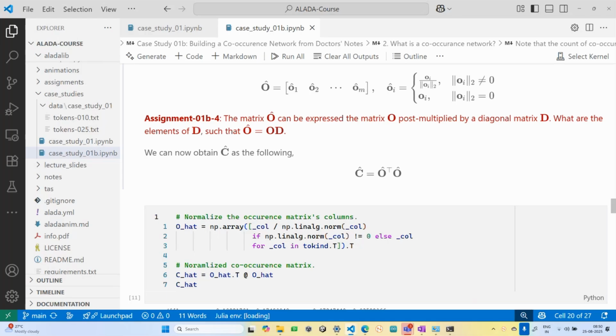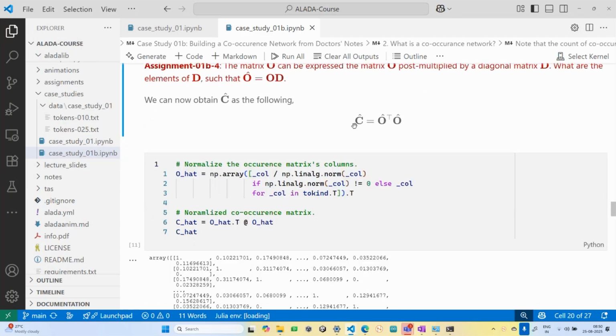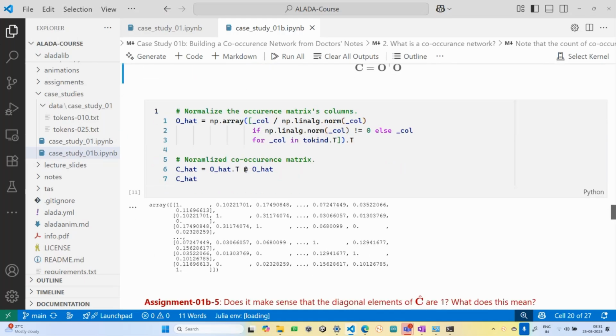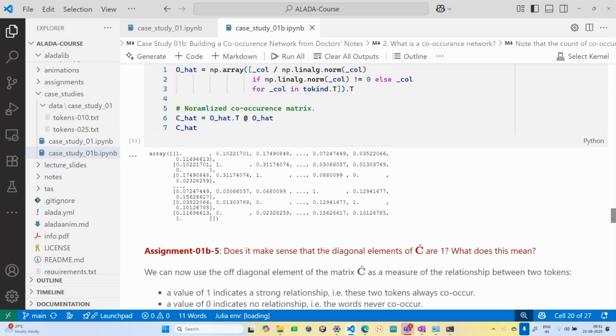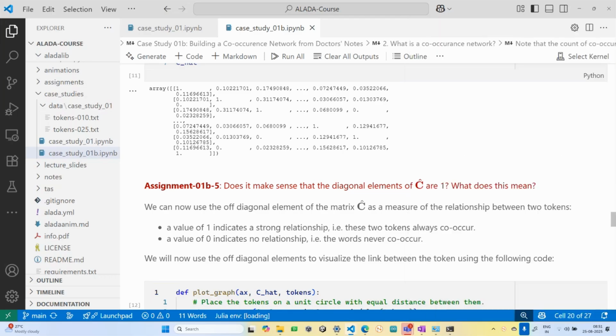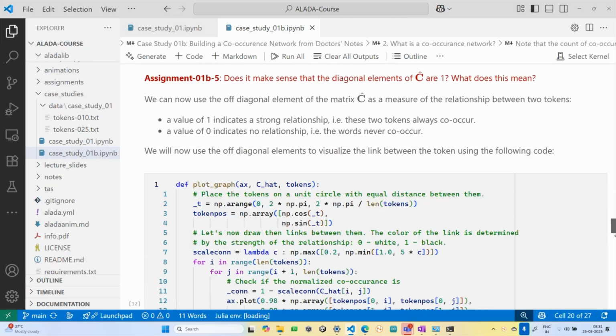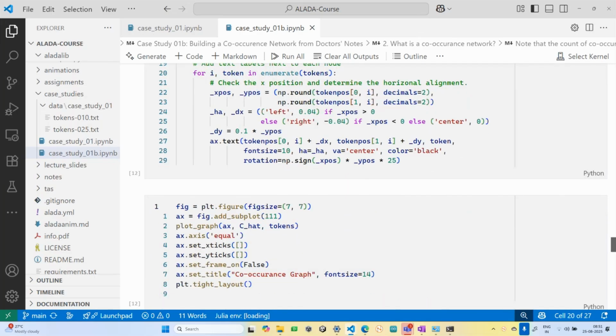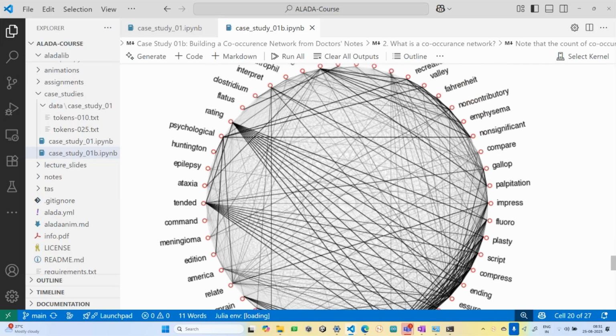Again, there is another question where again something to do with matrix multiplication. So the final matrix that we will work with is this. Again, a co-occurrence matrix, except that the terms are now normalized. That's all. And if you do this right, you get a huge m cross m matrix depending on the number of tokens you have, and you can visualize this like this.